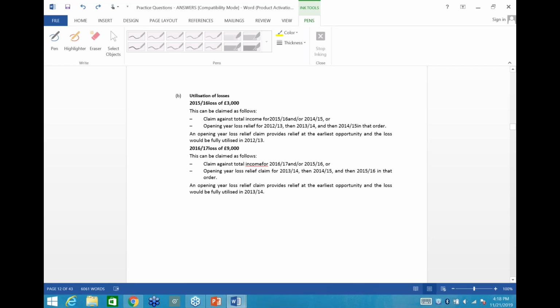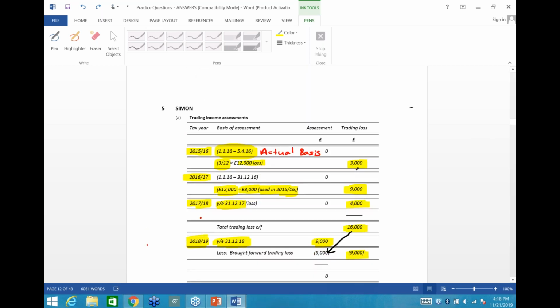So how does it work? Here, 2015-16 loss is 3,000. This loss we can carry back 3 tax years. That means from 15-16, you go back 3 tax years. So there you have 2014-15, 2013-14, and 2012-13.